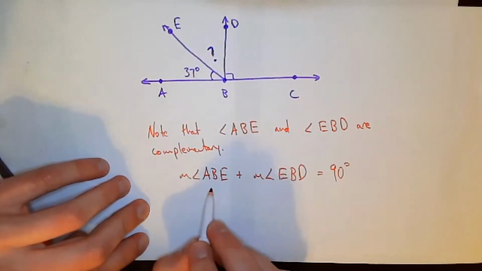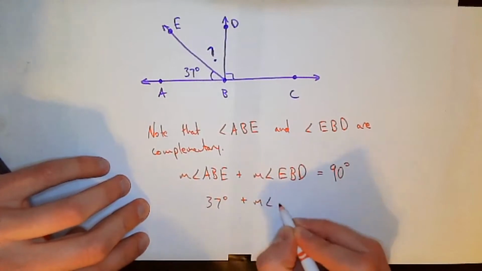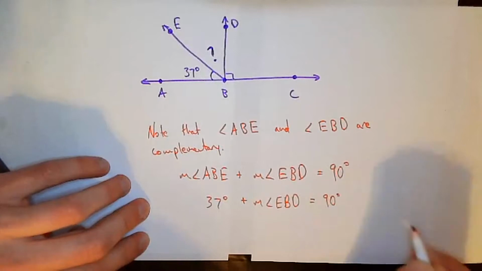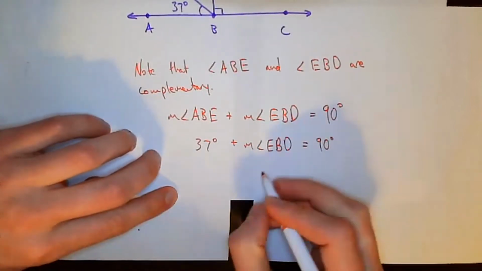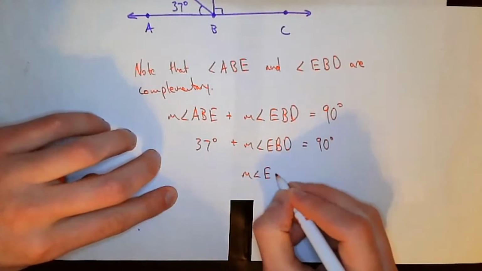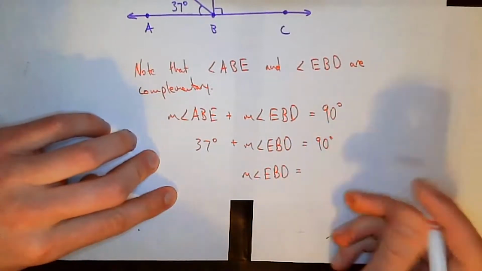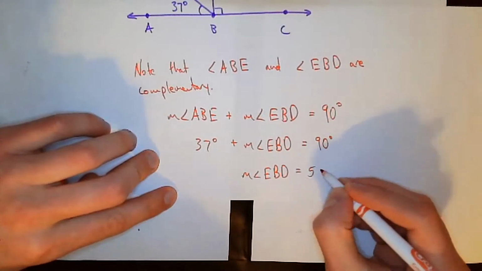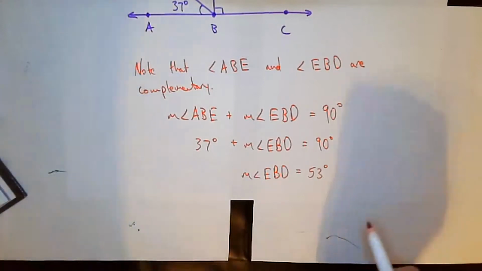I already know the measure of angle ABE is 37 degrees. I don't know the measure of this angle, that's what I'm looking for. So how do I solve for the measure of angle EBD here? Subtract 37 from both sides, and I'm going to get 53 degrees.